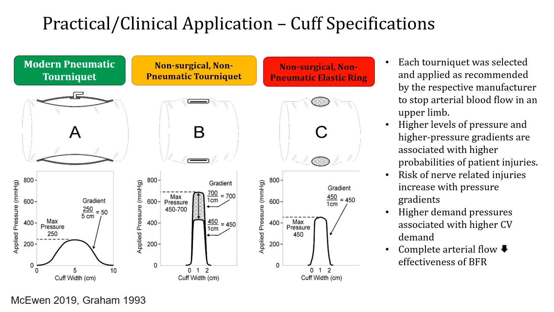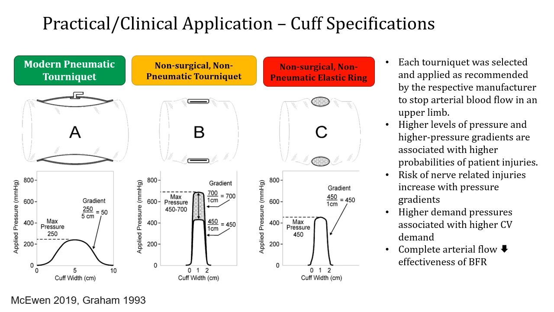You can see that the gradient significantly increases with the narrow cuffs shown with the non-surgical non-pneumatic tourniquet, which is more of an elastic ring, or even a nylon strap, both of which have pressures upwards of 450 millimeters of mercury.